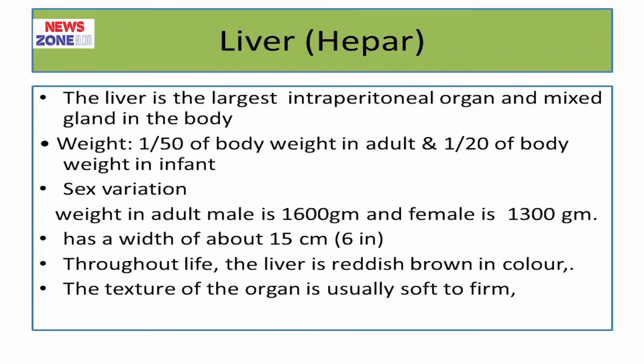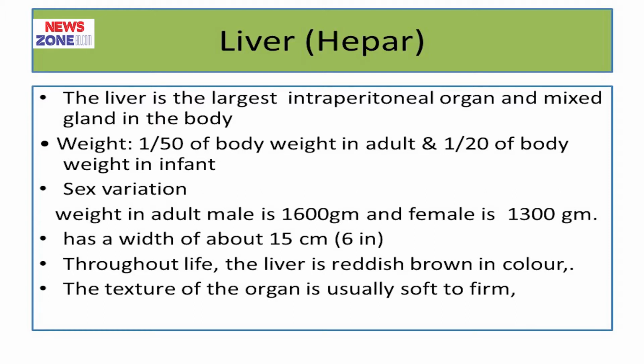So the liver has some measurements. The weight of the liver is very important. In different diseases, this weight can either decrease or increase, so the normal liver weight should be known. This weight varies according to age and sex.